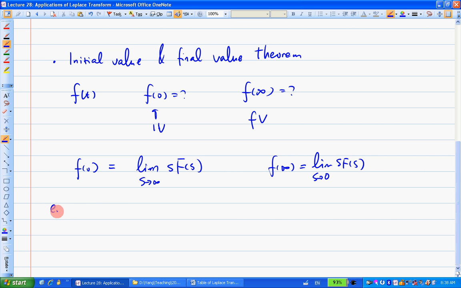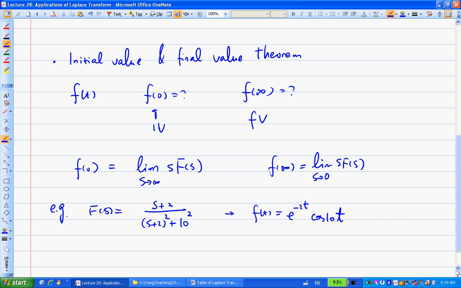For example, let's say I already have this Laplace transform, which is s plus 2 over (s plus 2) squared plus 10 to the power 2. This Laplace transform corresponds to f of t equal to e to the power negative 2t times cosine 10t.